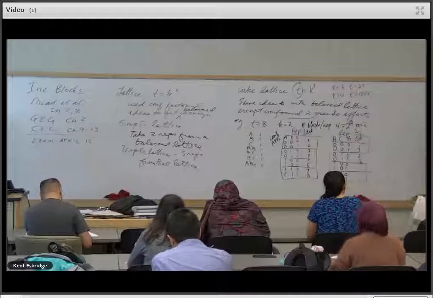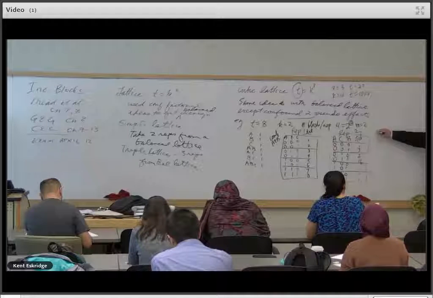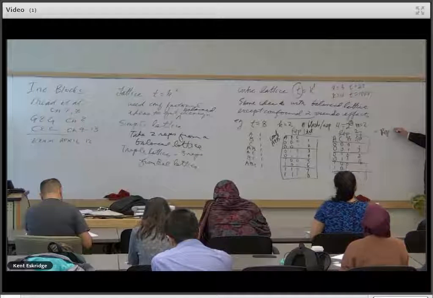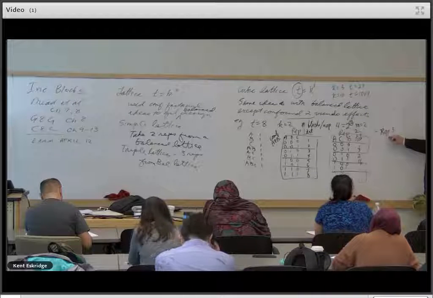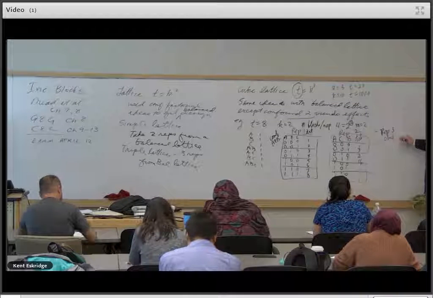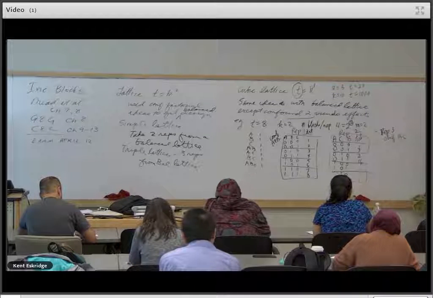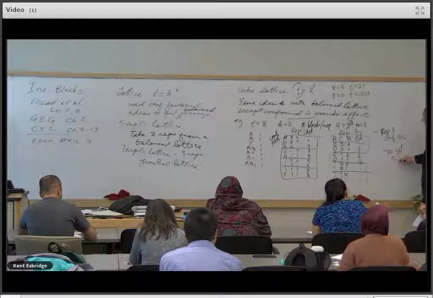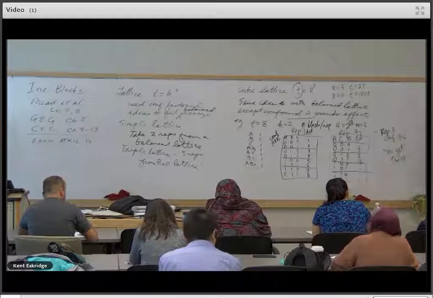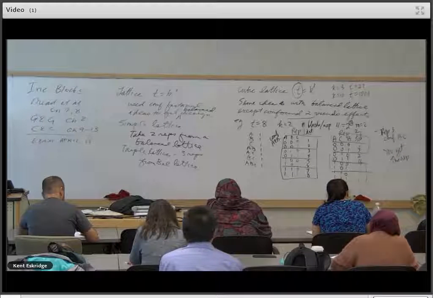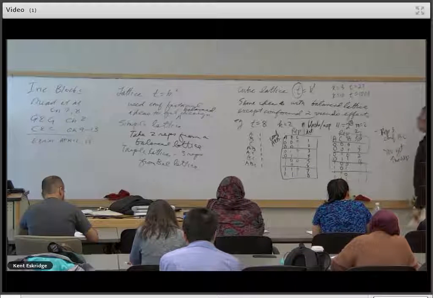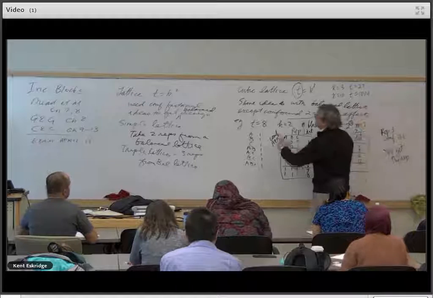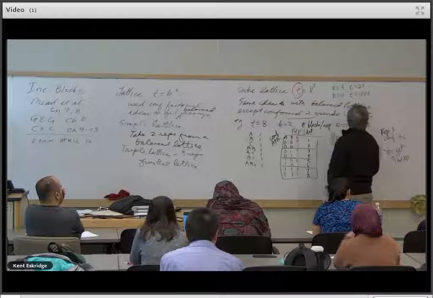Questions on this? So rep 3, we confound B and C. Same idea. You get this rep. What about, let's see, I guess this would be a quartic lattice. What's a quartic lattice?